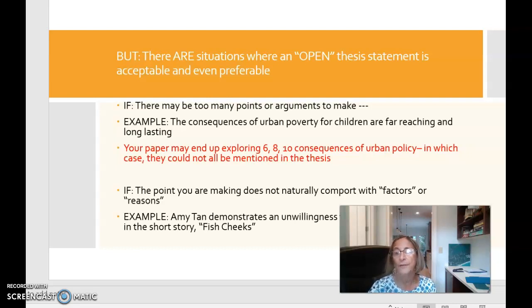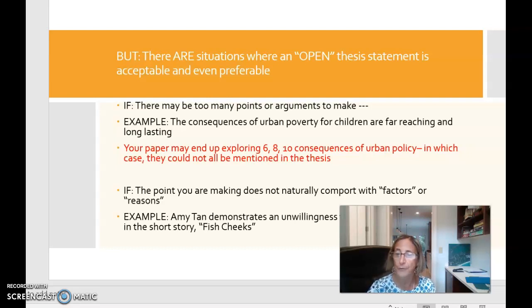Another example of a case where an open thesis statement might work better is when the point you're going to make within the paper doesn't necessarily comport with particular factors or points or reasons. Many times this will be the case when you're writing about literature. An example of that would be, Amy Tan demonstrates an unwillingness to accept her Chinese heritage.